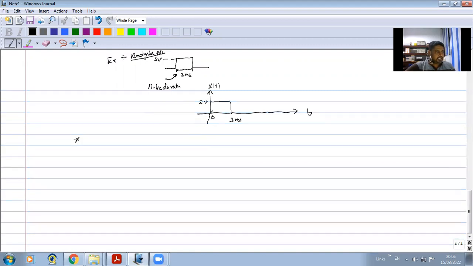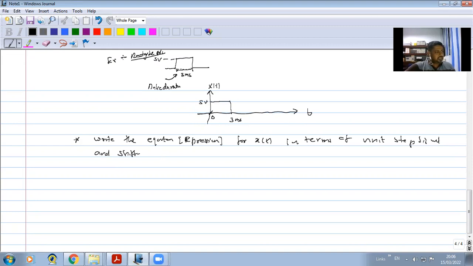The exercise is to write the equation or expression for this signal x(t) in terms of the unit step signal and the shifted unit step signal.